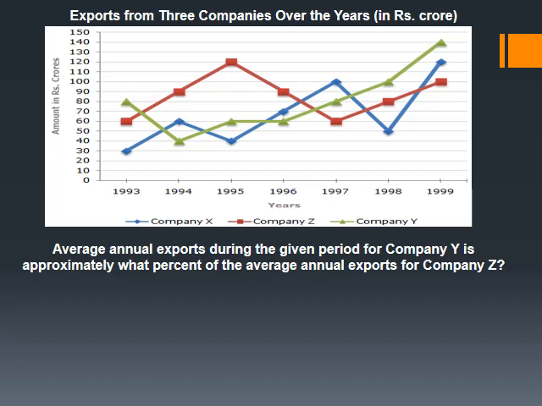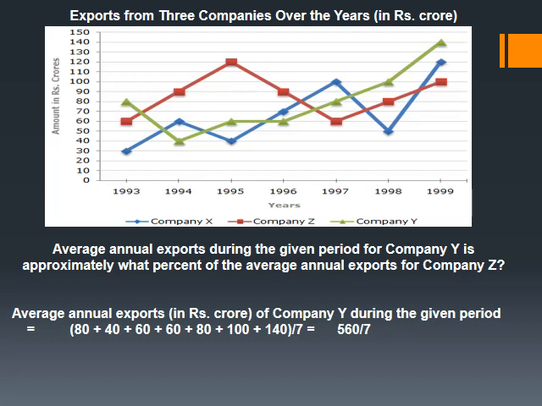Similarly, you find the total export income of company Z and divide by 7. That gives the average annual export for Z. And then what we have to do is find the ratio, the percentage. So that of Y on Z. So the average of Y divided by the average of Z multiplied by 100 gives the percentage.